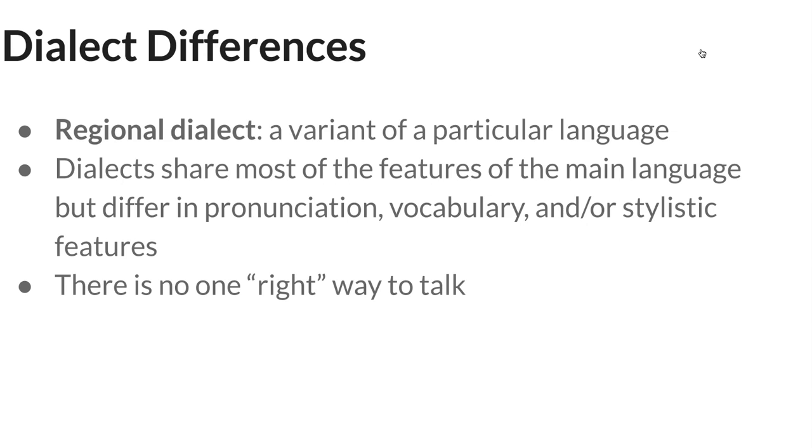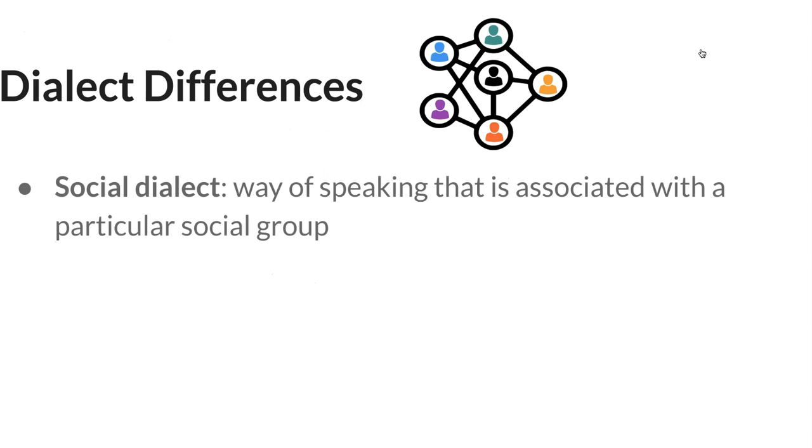And there is no one right way to talk, right? All of us talk differently based on where we're from, who we are, what culture we adopt. There's not one right way to talk. There's not one right way to act necessarily, right? We can also have a social dialect, right? So there are regional dialects and there are social dialects. A social dialect is a way of speaking that's associated with a particular social group.